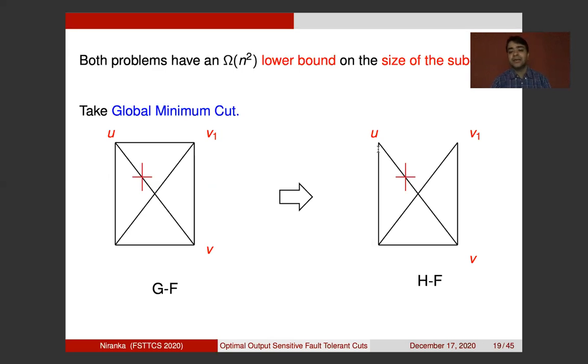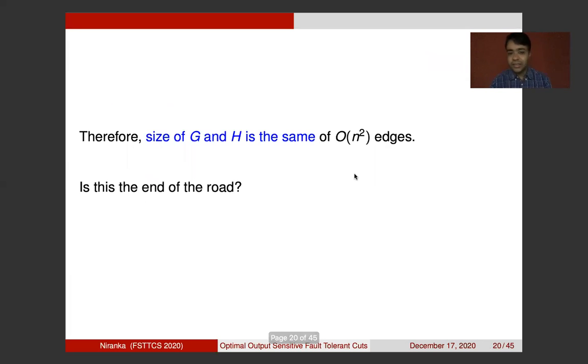So you see that if you remove any arbitrary edge from H, the adversary can delete some edge in such a way that the global min cut of H minus F does not agree with the global min cut of G minus F. So we see that the sizes of G and H have to be the same, which is order n square many edges. So now, is this the end of the road?